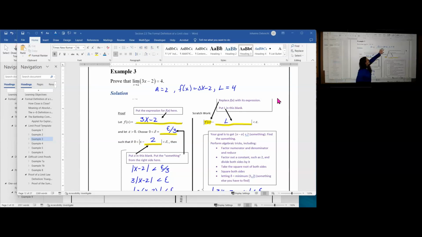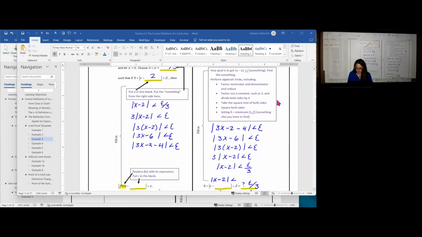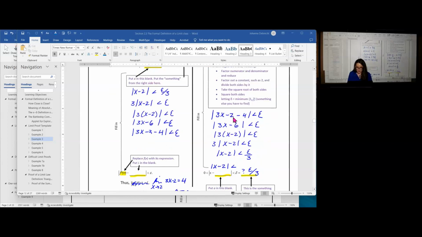A is 2, the function is 3x minus 2, L is 4. We're going to start with 3x minus 2 minus 4. We want to get x minus 2 less than something. The something will probably have epsilon. We start with 3x minus 2 minus 4, which we can rewrite as 3x minus 6.